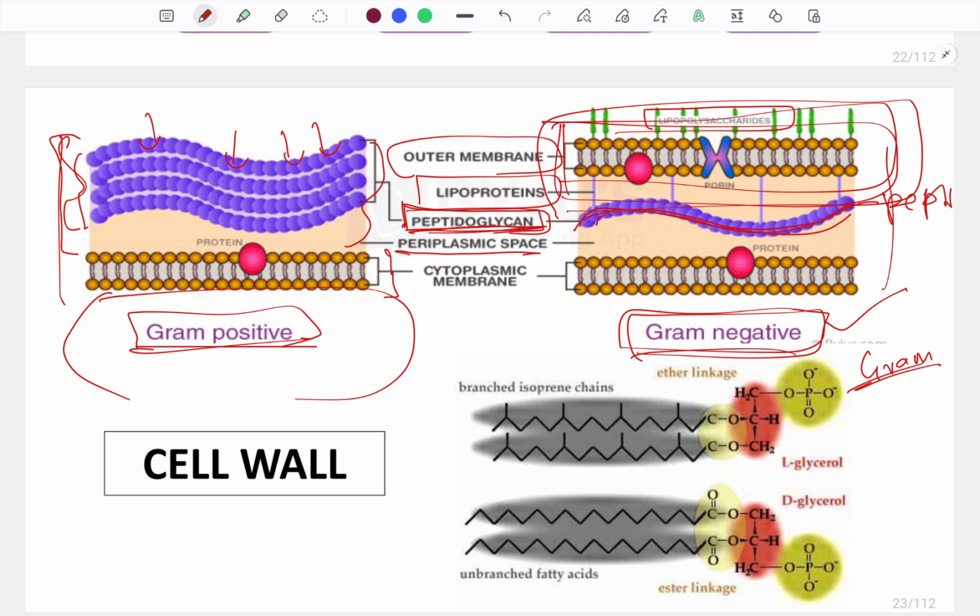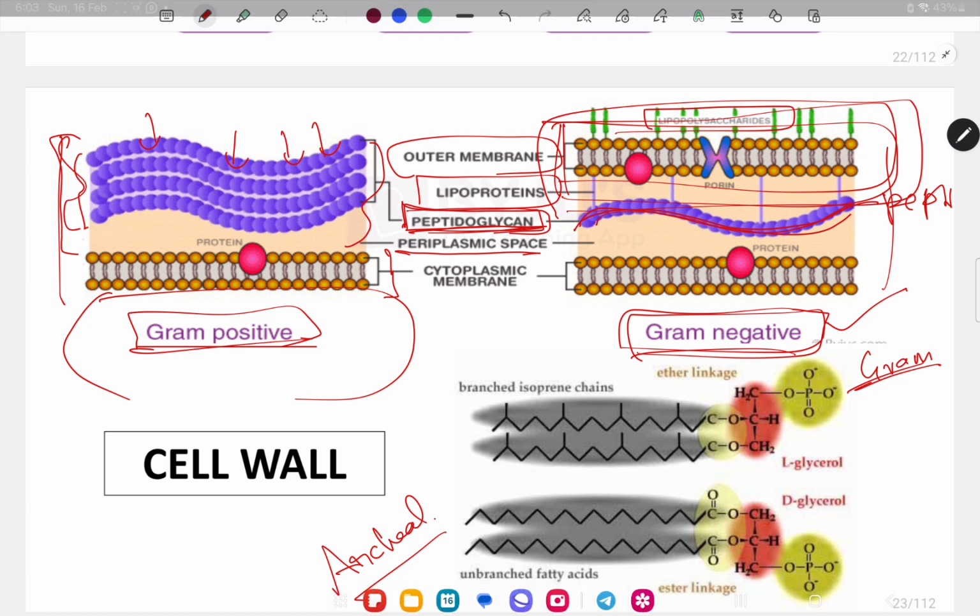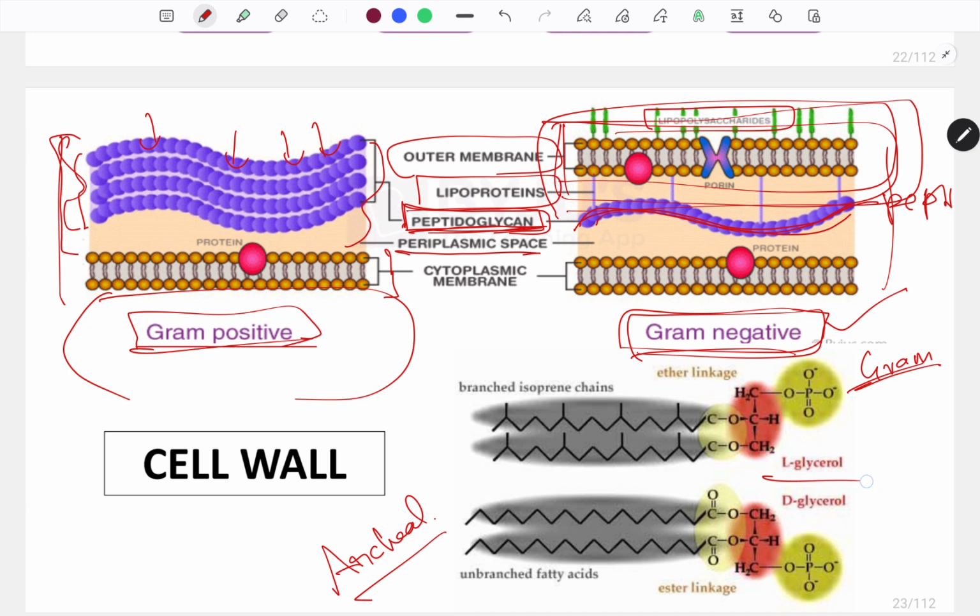And this is the archaeal cell wall. This is how it will look. Usually in a bacterial cell wall, you will observe ester linkage, but in archaea, there will be ether linkage.